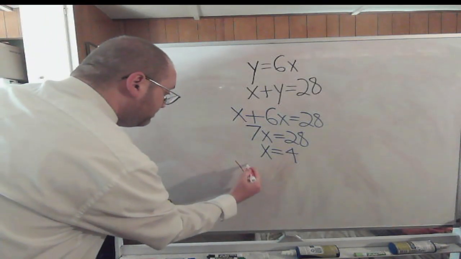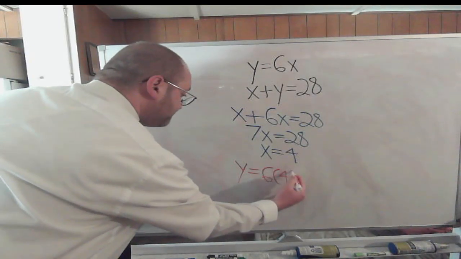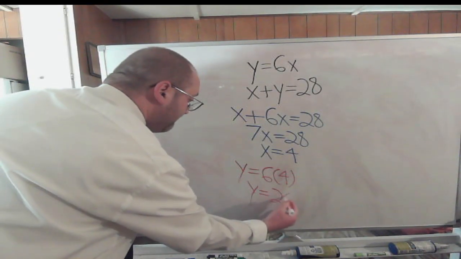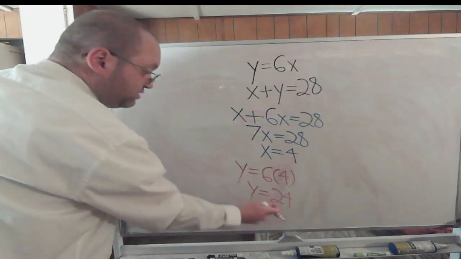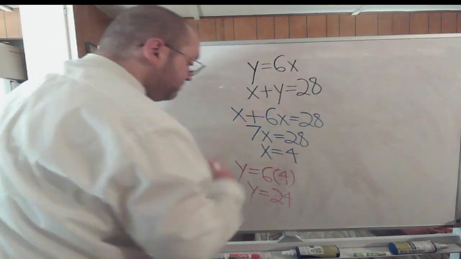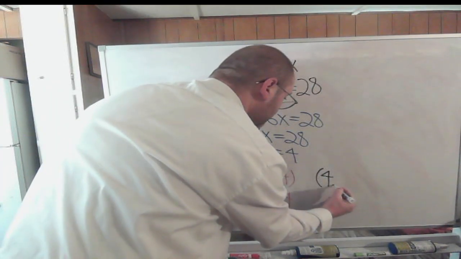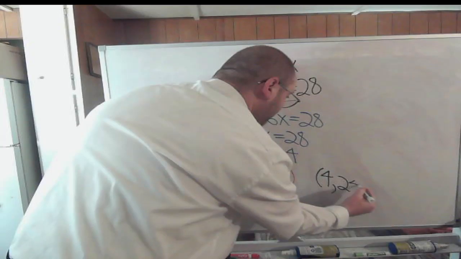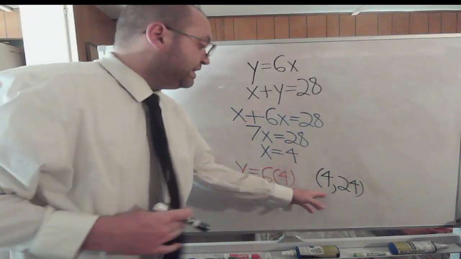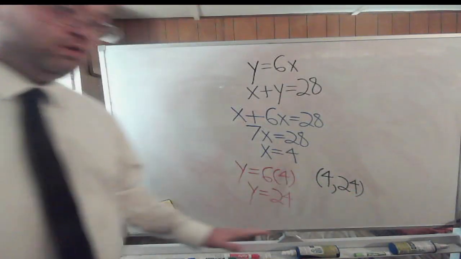So now we'll take y equals that 6 times 4. So that means y equals 24. So you got x equals 4, y equals 24. You end up with the ordered pair (4, 24). And so that's the ordered pair you would get to represent where these two lines intersect, is at (4, 24).